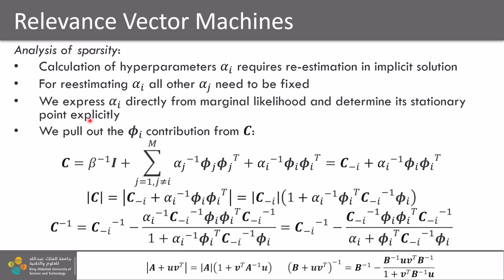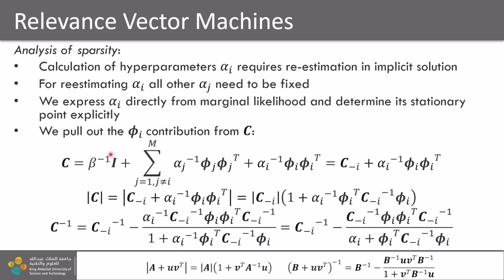So let's have a look how we can obtain this. So imagine that we have our covariance matrix C, and this covariance matrix is built from these basis vectors in the following way.